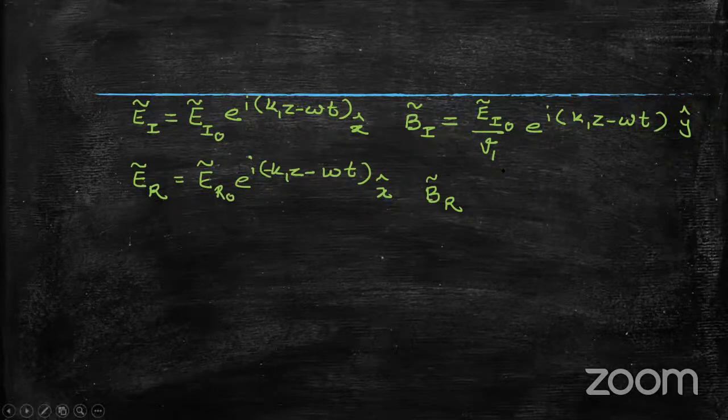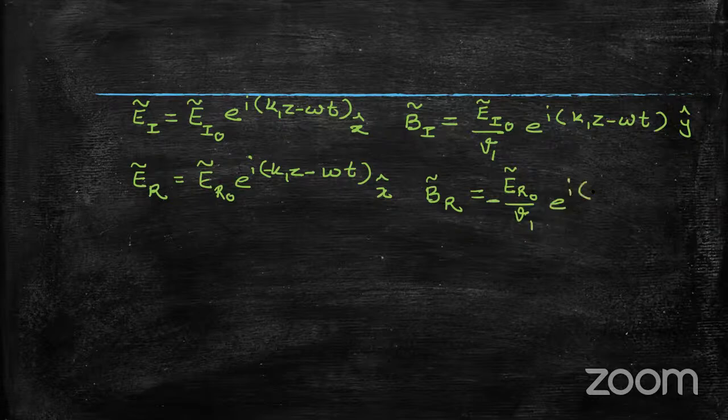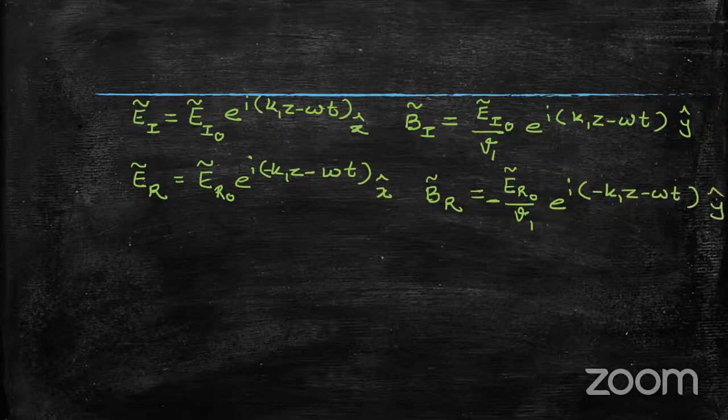So K1, minus K1 shows the negative direction. It will be ER0 divided by again V1 but with a minus sign, minus y cap, e raised to i(minus K1 z minus omega t) y cap. So these are your two waves. This is incident and this is reflected.